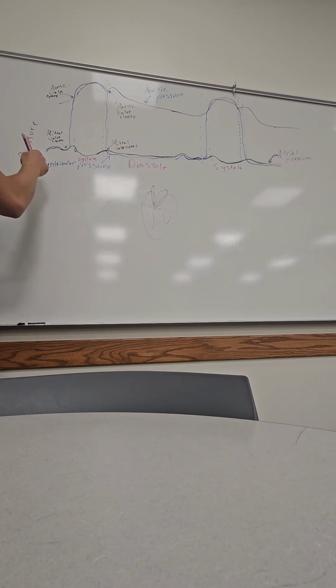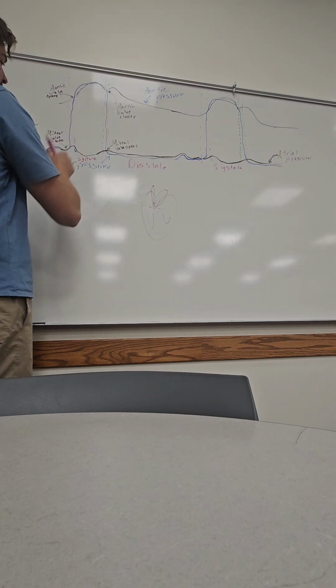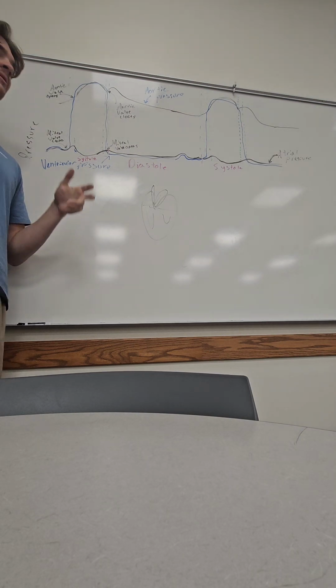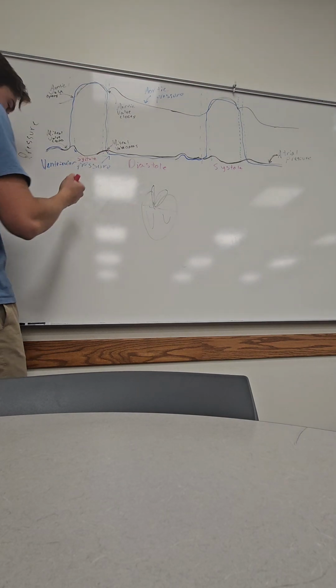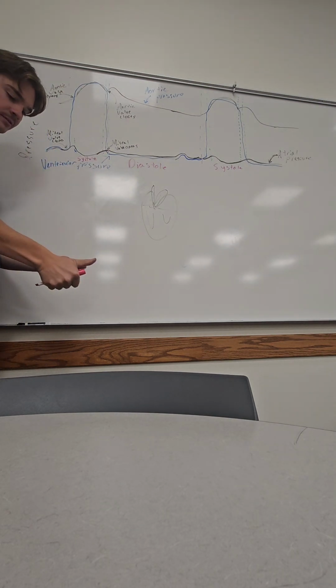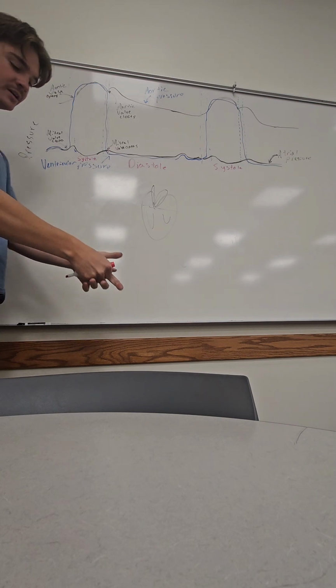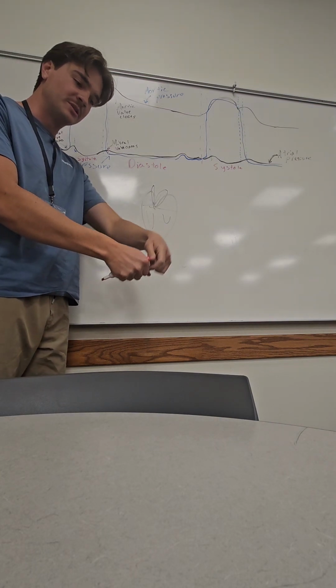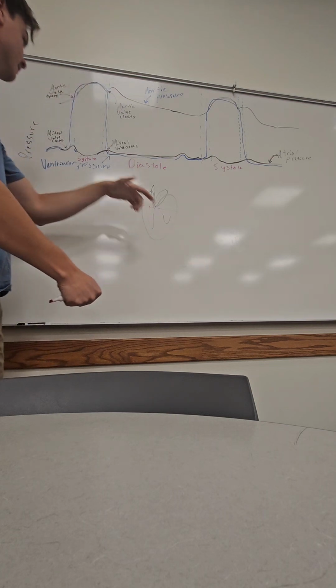Whenever we have these pressure changes, blood will move from high pressure to low pressure. It's simple. You squeeze a tube of toothpaste, you increase the pressure on the end of the tube, and it squeezes out the toothpaste, right?